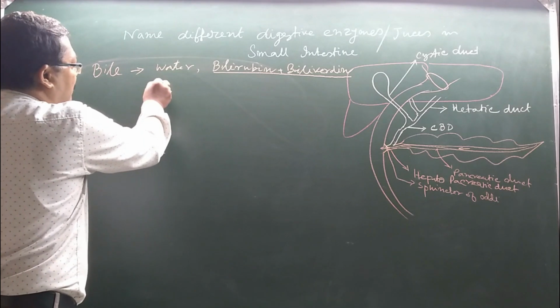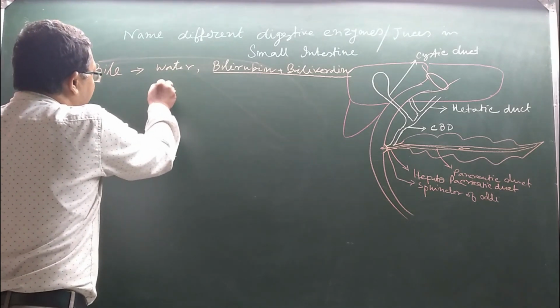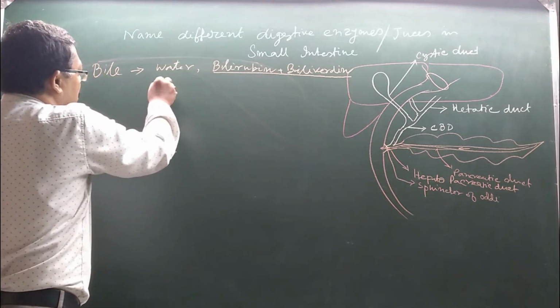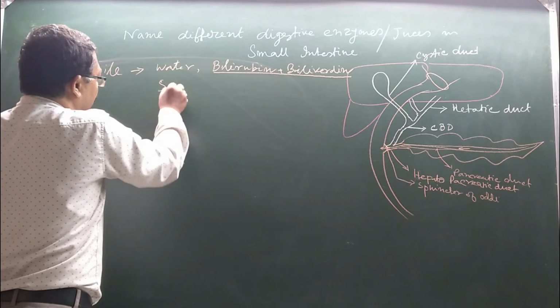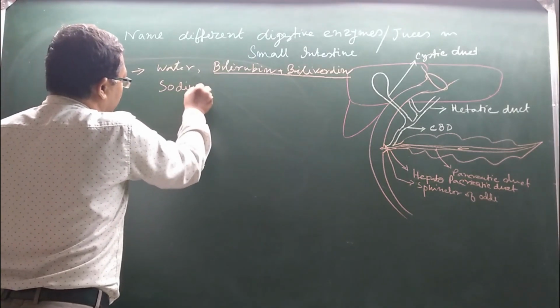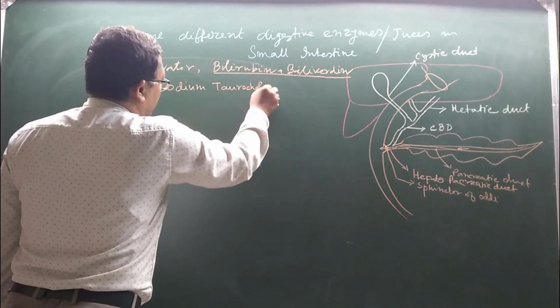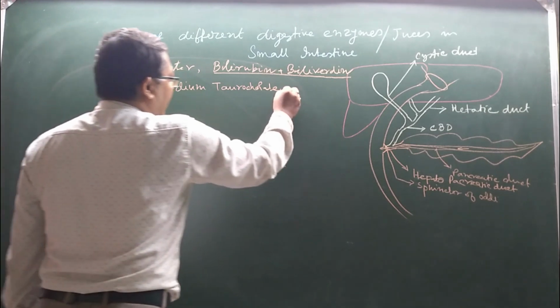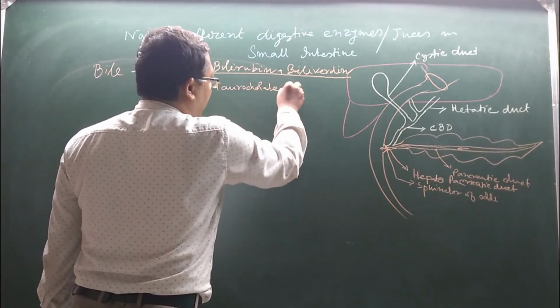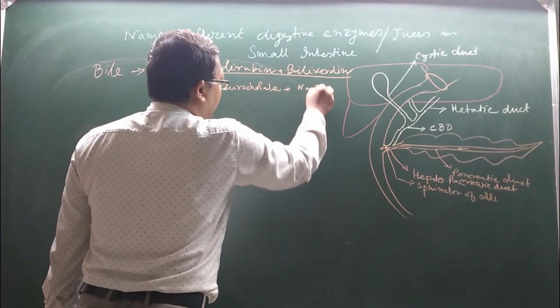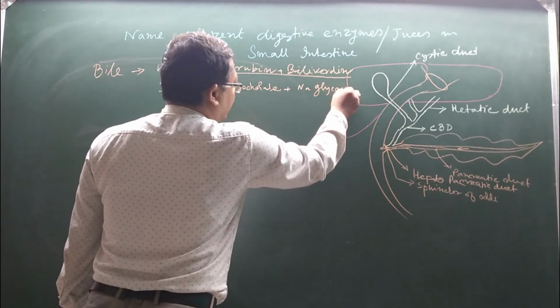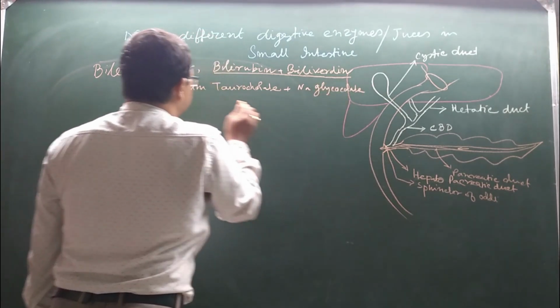Another component is cholic acid salt, sodium taurocholate plus sodium glycocholate. These are the two bile salts.